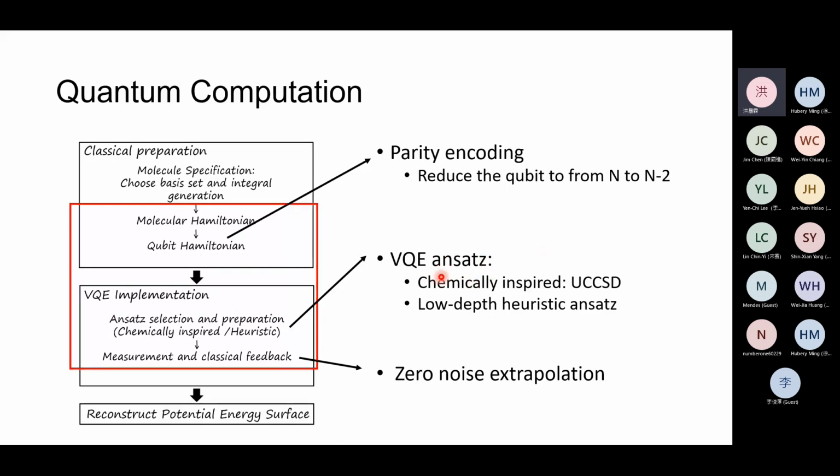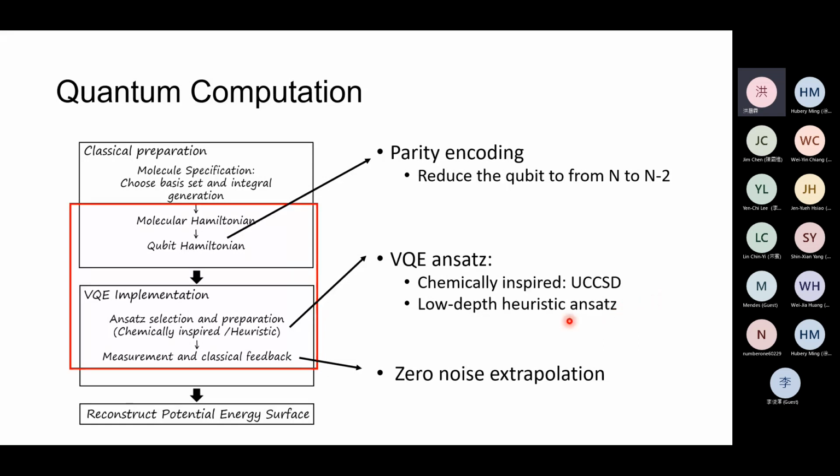The VQE ansatz for this work can be divided into two parts. For the noiseless part, we use the chemically inspired UCCSD. That is, we want to guarantee that with a good basis set and a good method, we can predict good results.